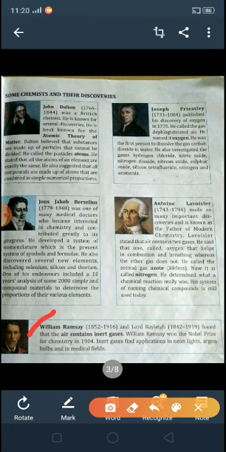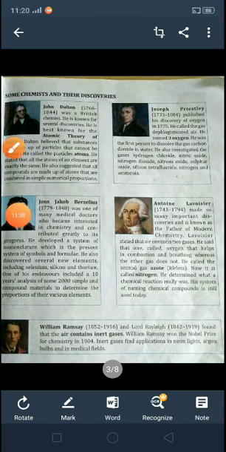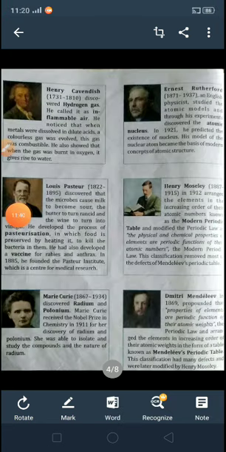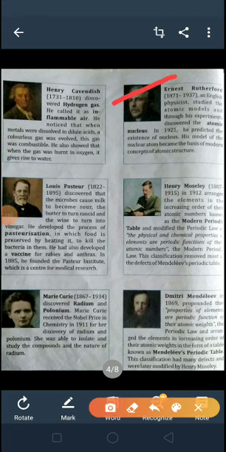So we have to find out which is the correct one. The correct one is Ernest Rutherford. He discovered the atomic nucleus. So the correct answer is Ernest Rutherford.